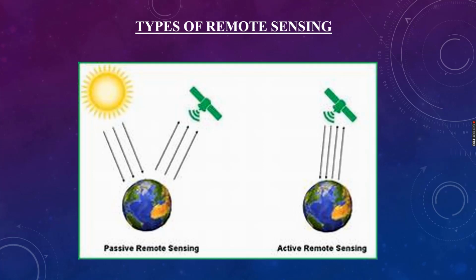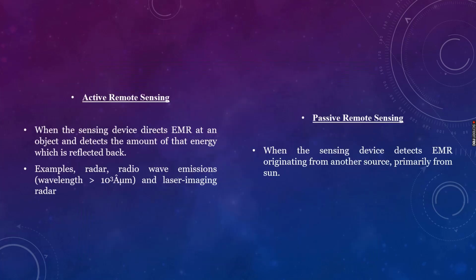So the external source of illumination which is present in passive remote sensing is hence absent in active remote sensing. So here is the difference. First, we will study active remote sensing, and then we will move on to passive remote sensing.